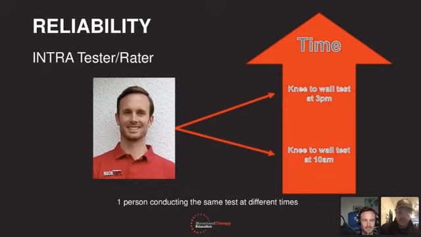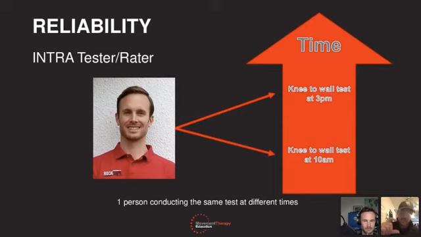So he's done it there at 10 a.m. and then he's done it again at 3 p.m. And what we want to see is, is that test reliable when he does it in the morning and then he does it again in the evening? Does he get the same result? So is there reliability with that single person? And that's intra-tester reliability.